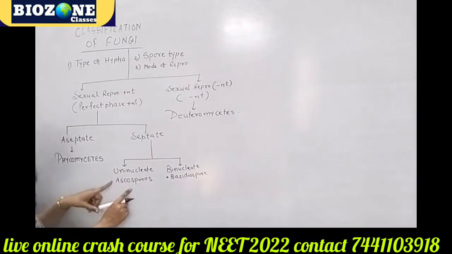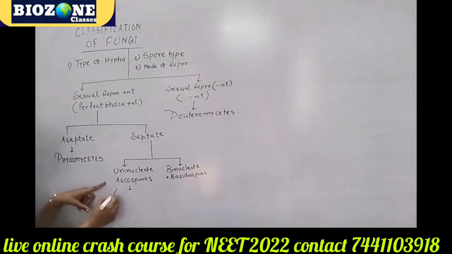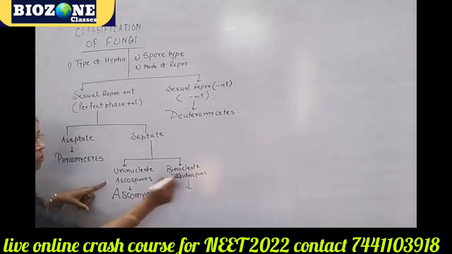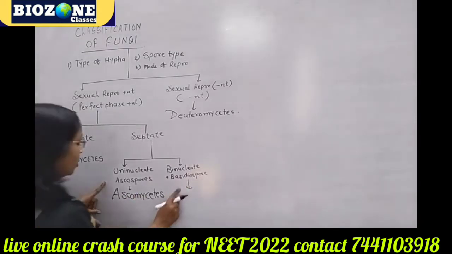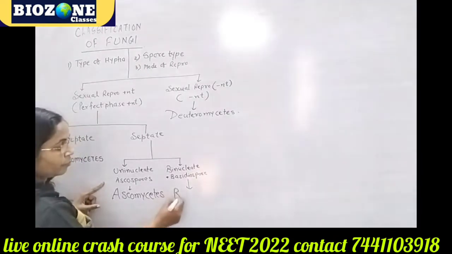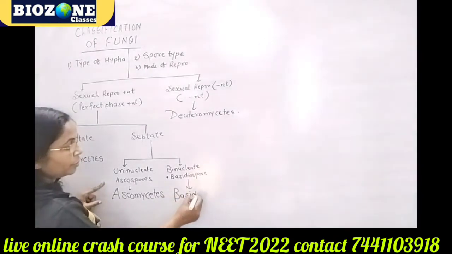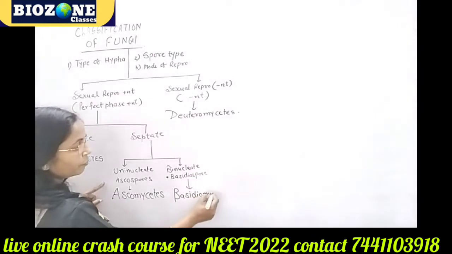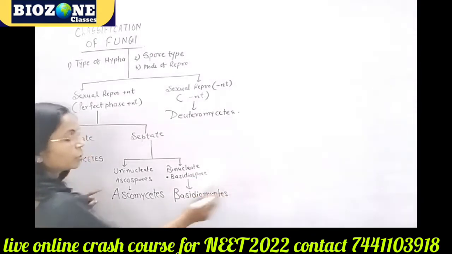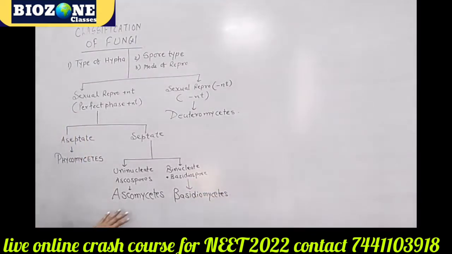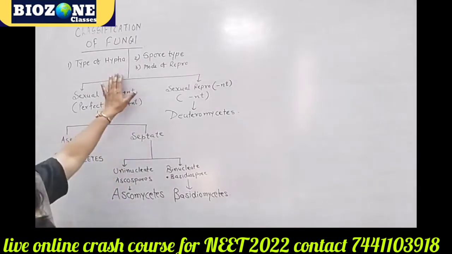Here uninucleate with ascospore, class is called as Ascomycetes. Basidiospore, binucleate hypha, so class is called as Basidiomycetes. Okay, so this part you remember, how we define or provide a classification for fungi.